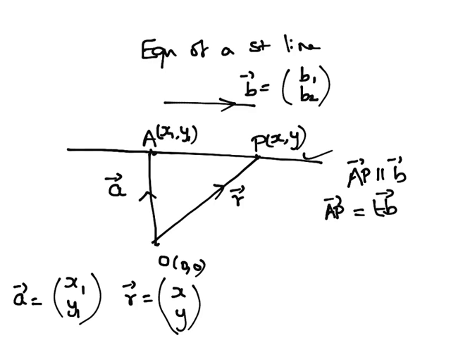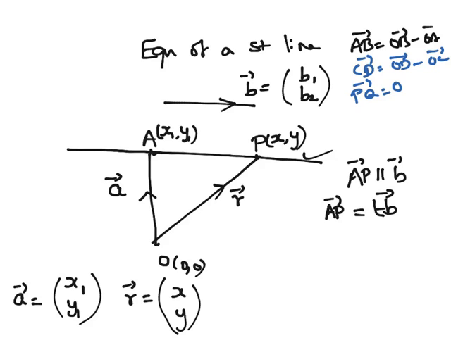Now we know that AB means OB minus OA, isn't it? For example, AB is OB minus OA. If it is CD, CD is OD minus OC. Now if it is, let's say, PQ, PQ is OQ minus OP. Same way, AP vector will be OP minus OA equal to tB.